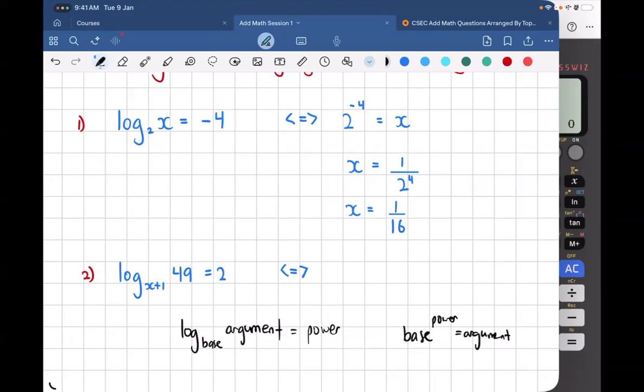So what should you have in the next line then? Square root, x plus 1 is equal to 7. Can you solve that? Yes. And what would you get as the answer? x equals 6. Right. How was that?